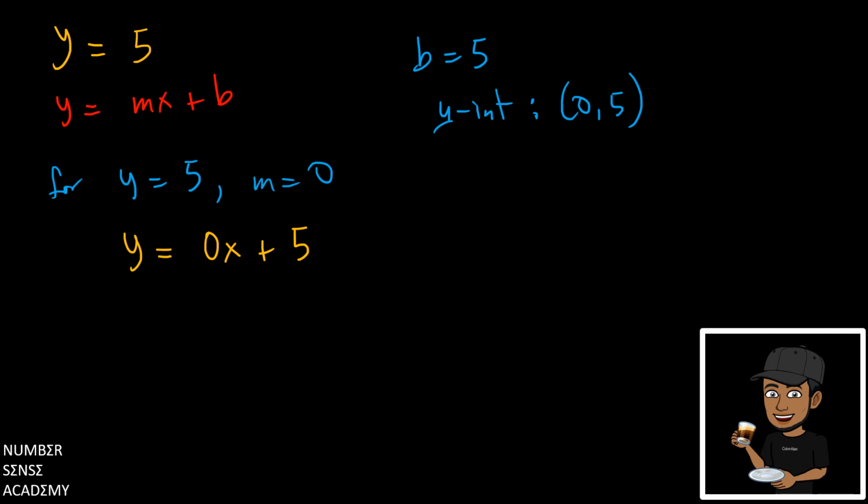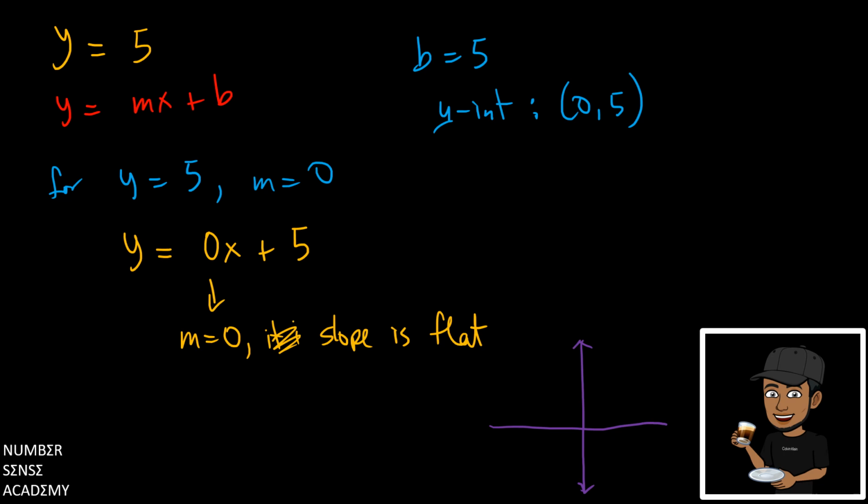And remember what I said before. When m equals 0, the slope is flat. And what does that look like? If the slope is completely flat, then what we end up with is a line that is parallel to the x-axis.